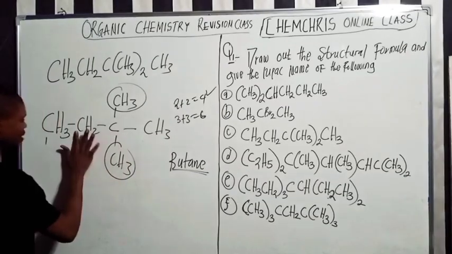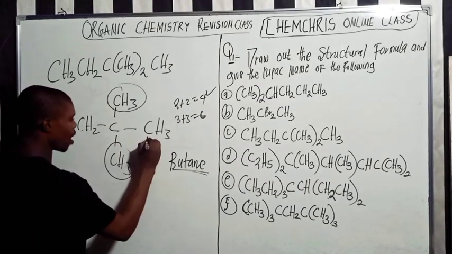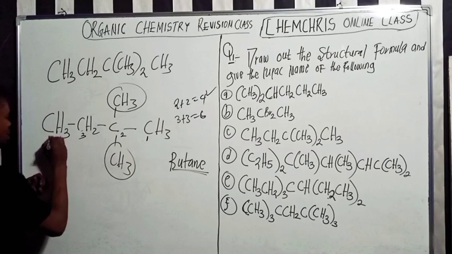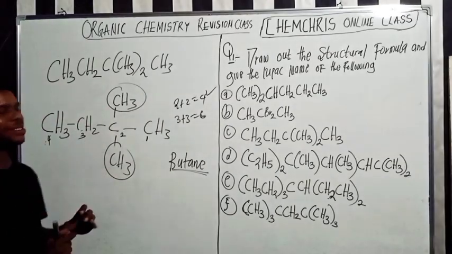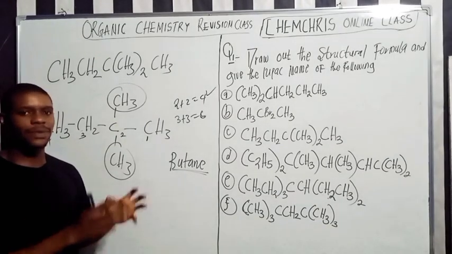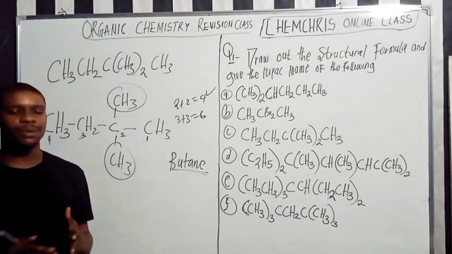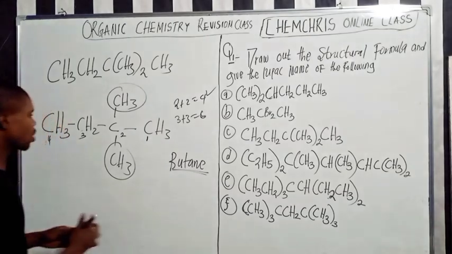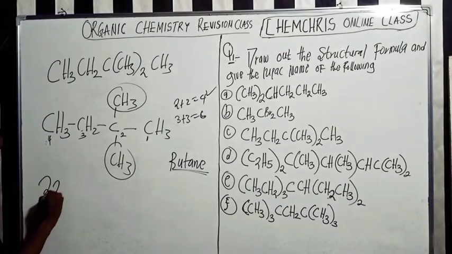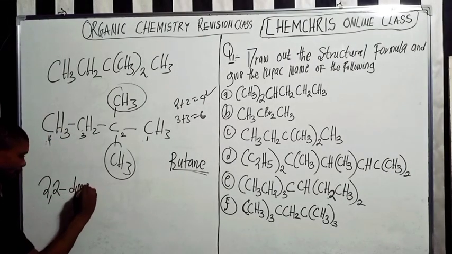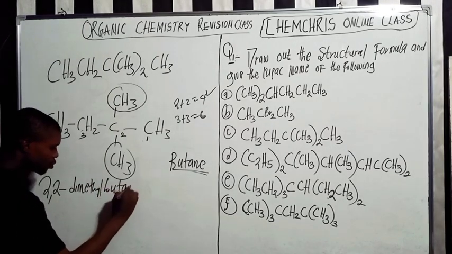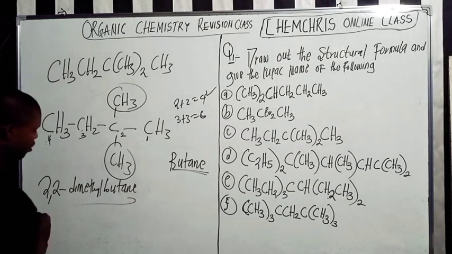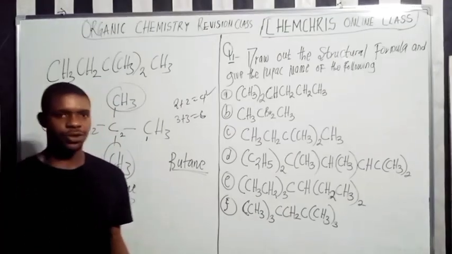So that's why we are starting from this one: 1, 2, 3, and 4. Do you understand? So here we have 2 methyls at the same carbon atom, and the 2 methyls are coming on carbon 2. So it is going to be 2,2-dimethylbutane. 2,2-dimethylbutane. Do you understand?